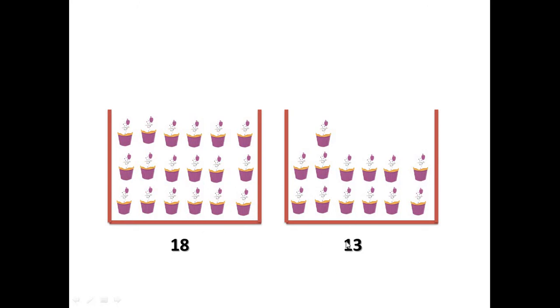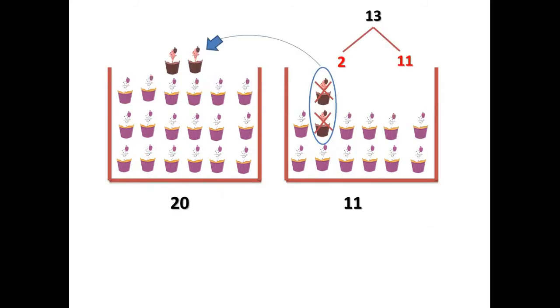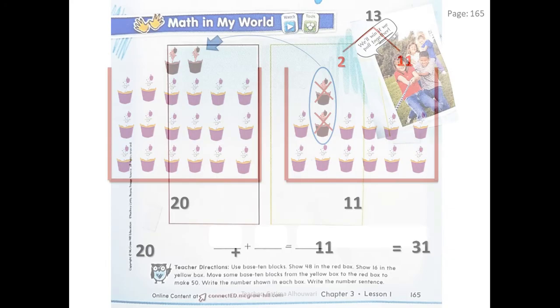Like these ones, we take 2 from 13 and add these 2 to 18. So now the addends are 20 and 11. Adding 20 and 11 is much easier than adding 18 and 13. Interesting.